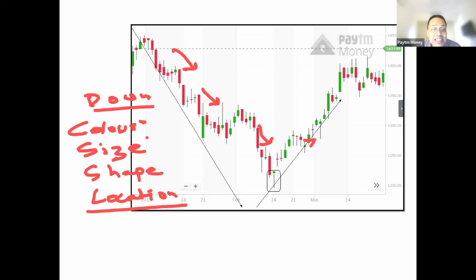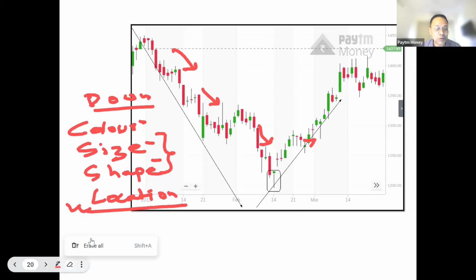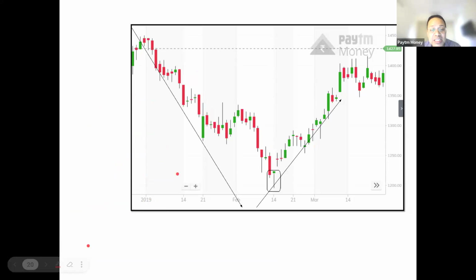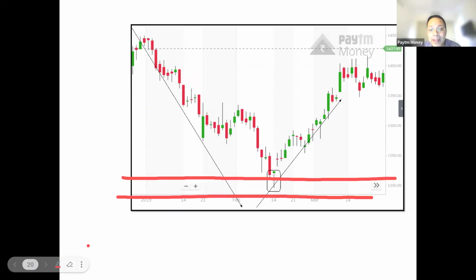So, this color, size and shape, where is the importance of all of them? In the right location. Right? So, what is the location? The location is the demand zone. Okay? Location is the demand zone. So now market is coming down, market is coming down.